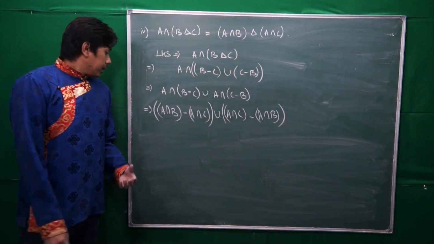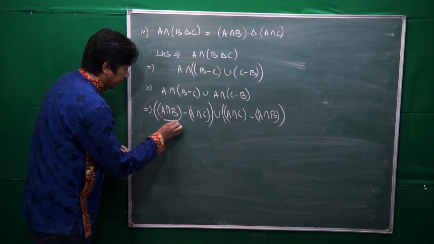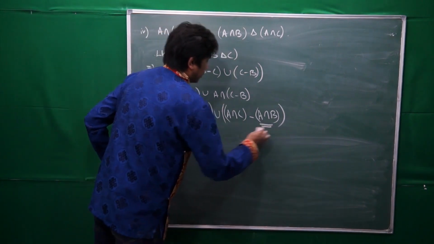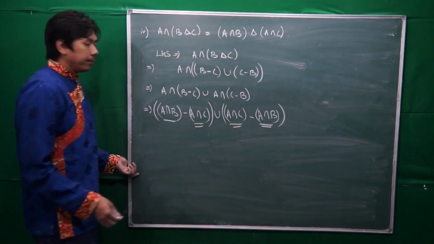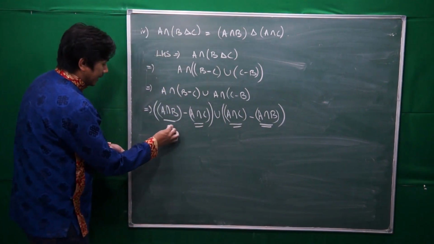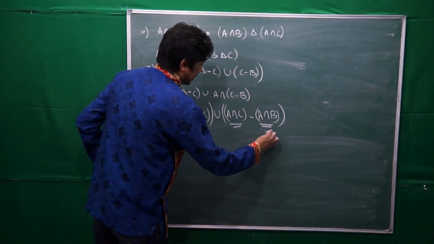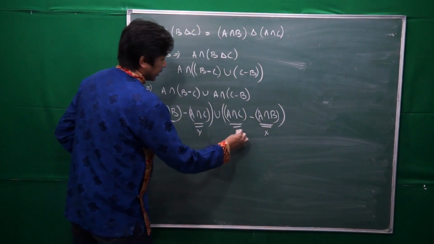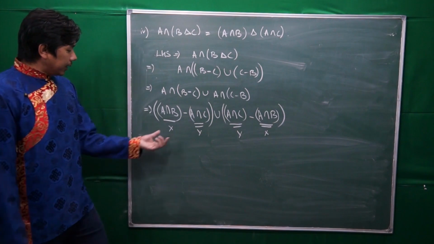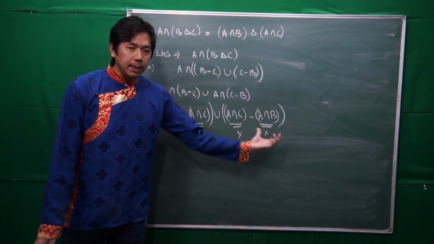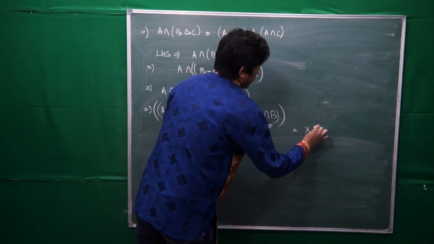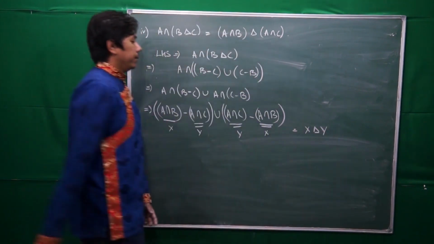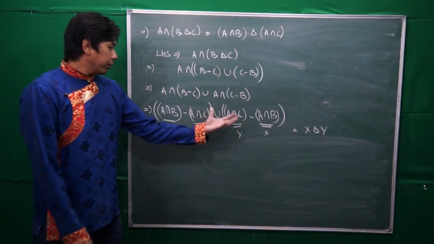Alright. Now you can see clearly A intersection B and A intersection B is over here. Similarly, A intersection C and A intersection C. Okay. Now if you place this as X and this is X, and this is Y and this is Y, you can see clearly that X minus Y union Y minus X is equal to X symmetric difference Y. So the same thing we are going to do over here.